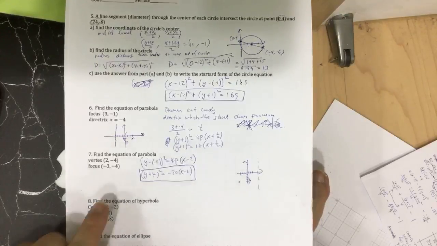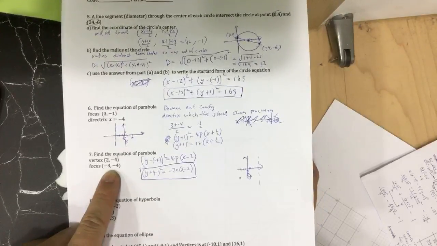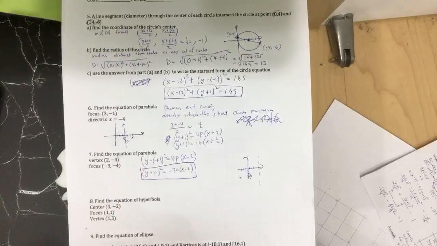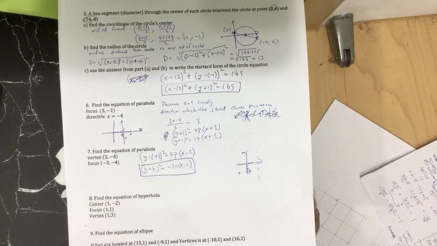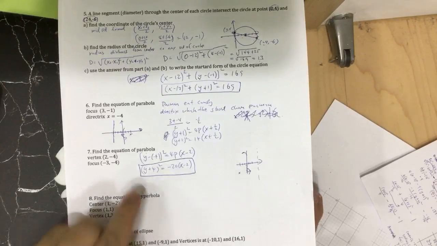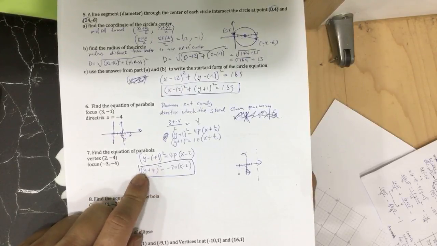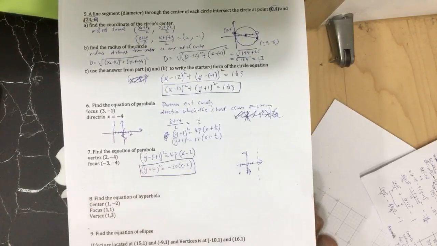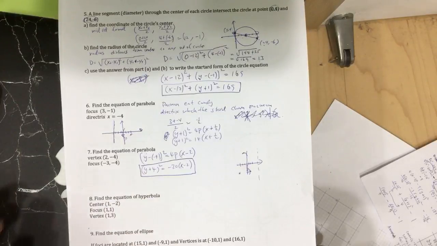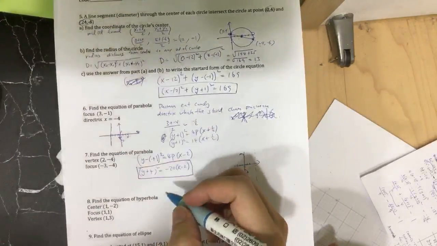If I see the focus is -3, -4, the focus is on the left side of the vertex, so therefore the parabola faces left and right. In this case, that left and right is going to help me decide whether I start with y minus k squared or x minus h squared, depending on what comes first.